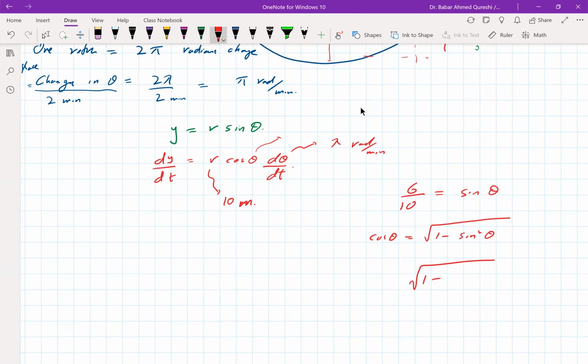So 1 minus 6 over 10 square. So you just find this number, plug it in here, and that will tell you the rate dy by dt. So any question?